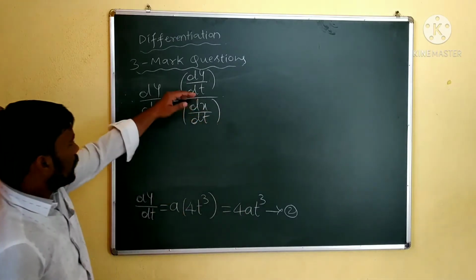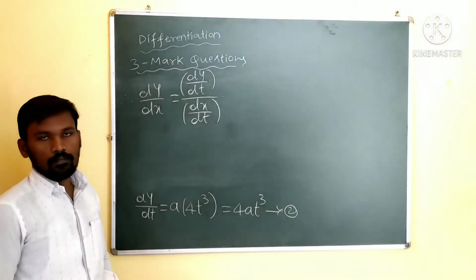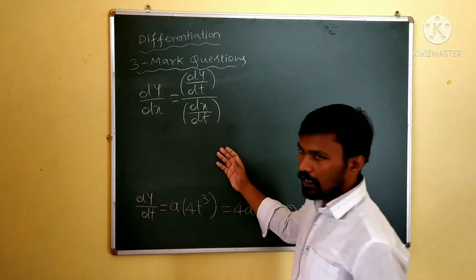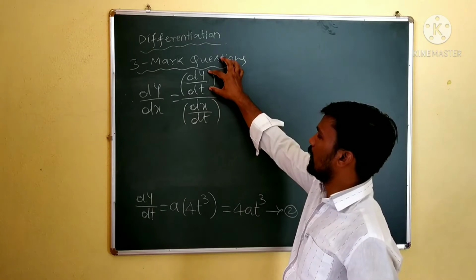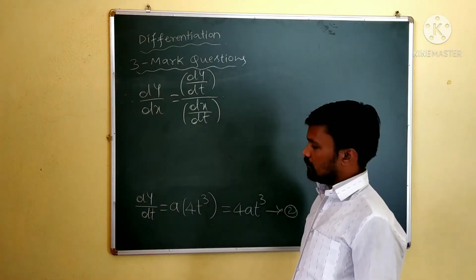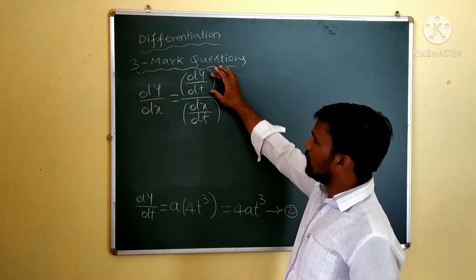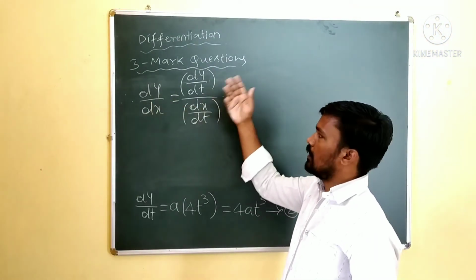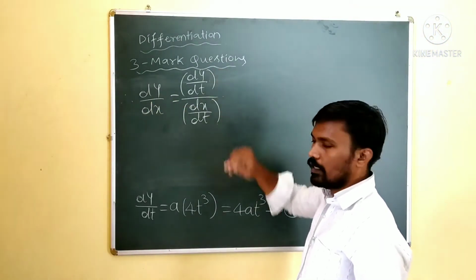Yes. Again dt gets cancelled, leaving dy by dx only. When we write like this, dy by dx is equal to dy by dt divided by dx by dt. Why? Because I know the values of dy by dt and dx by dt. So we represent dy by dx as a ratio of dy by dt upon dx by dt.